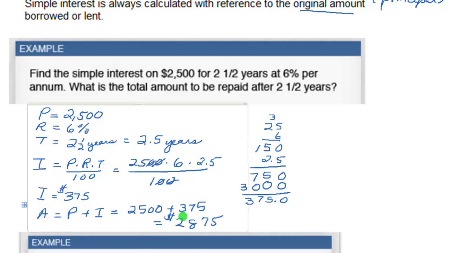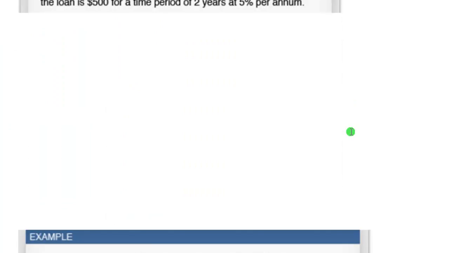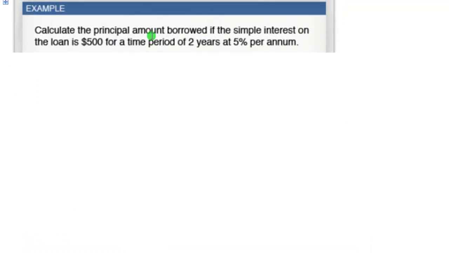Let's try the next one. It says calculate the principal amount borrowed if the simple interest on the loan is $500 for a time period of 2 years at 5% per annum, or per year. So we're looking for P. We don't know what that is.